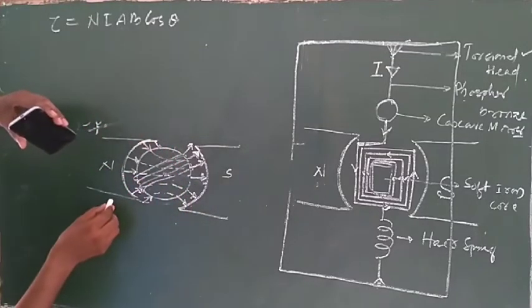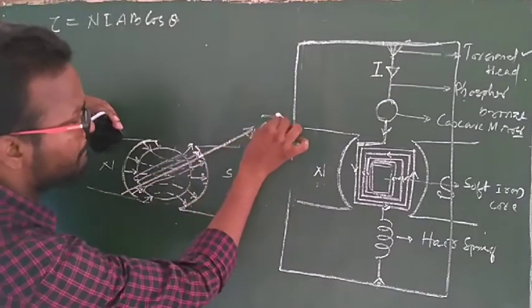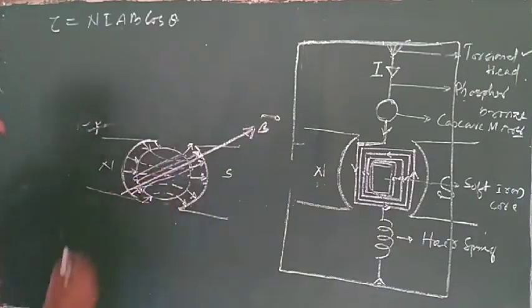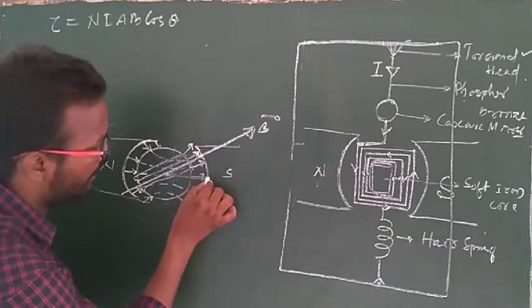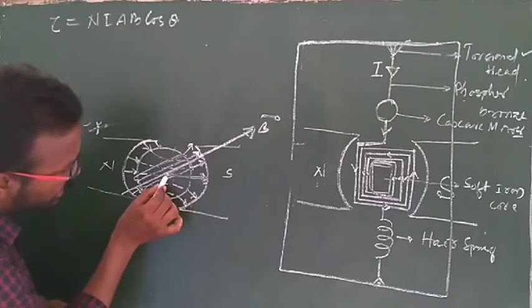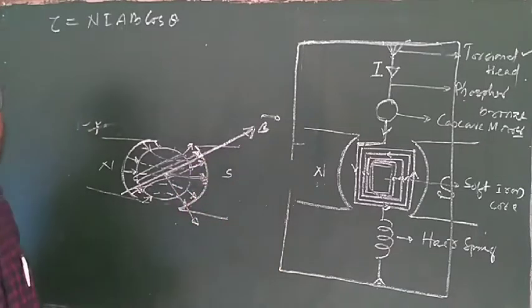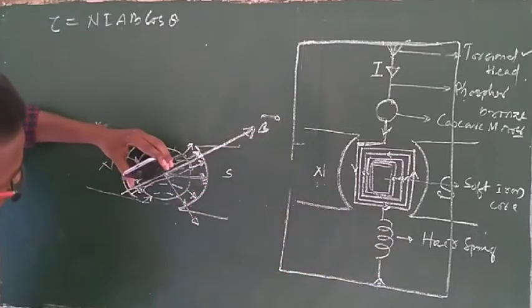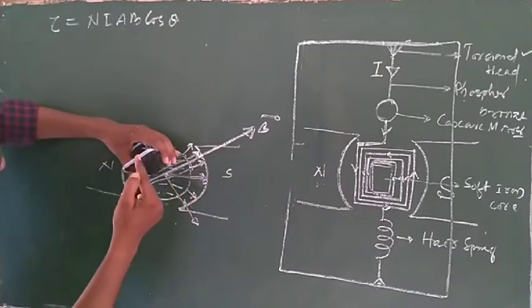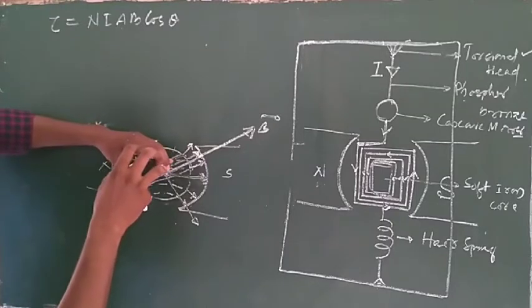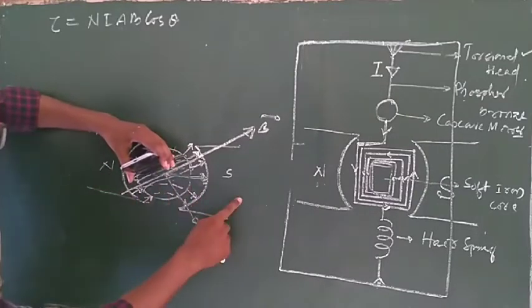Clear? Okay. If we choose this as the direction of magnetic field B, because magnetic field lines are along the radius, then if we choose another radius, there also is a magnetic field line, because the magnetic field lines are radial. So this is a coil, this is a soft iron core and the coil is wound over it, and this system is inside a horseshoe magnet, north pole and south pole.